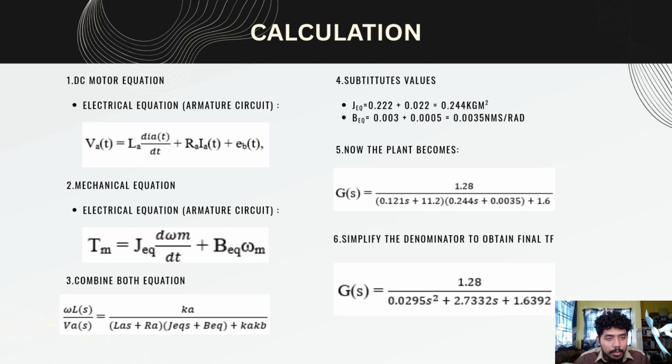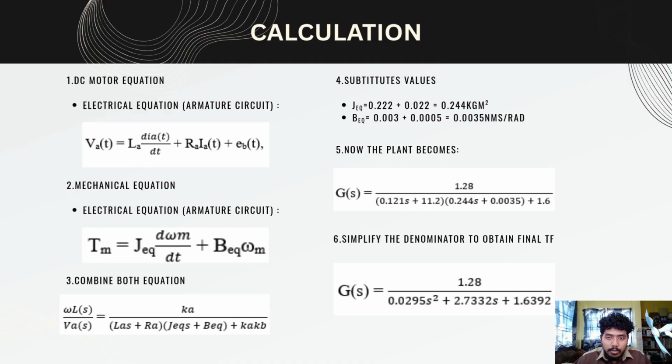And then we need to define the mechanical equation. For the mechanical equation, Tm is equal to Jeq times d omega m over dt plus Beq omega m, where Tm is the motor torque, omega m is the angular speed of the motor, Jeq is equal to Jm plus JL, and Beq is equal to Bm plus BL.